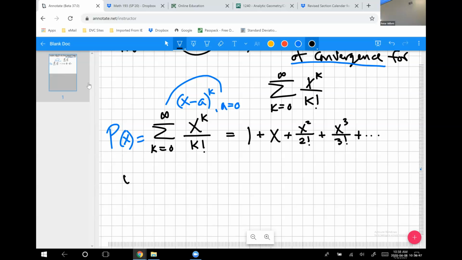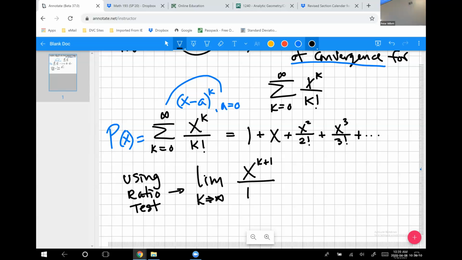So then using the ratio test, we know that we're going to take the limit as k goes to infinity of x to the k plus 1 divided by k plus 1 factorial.